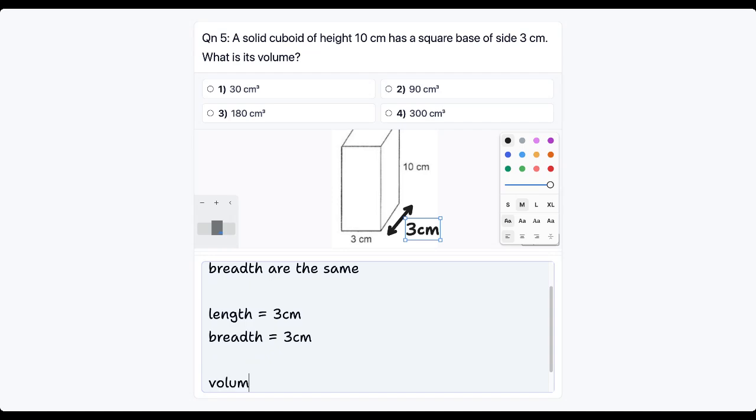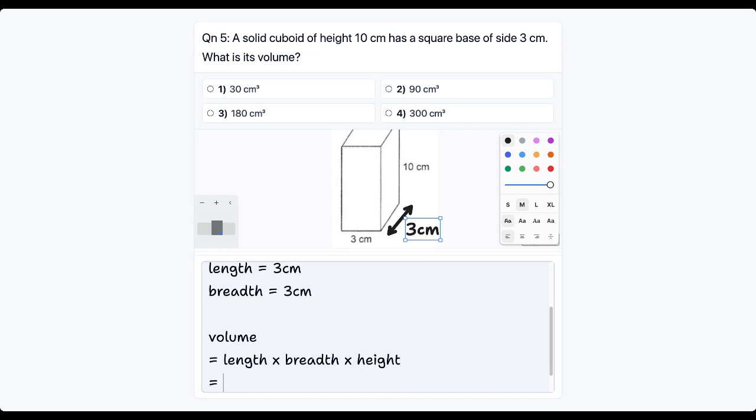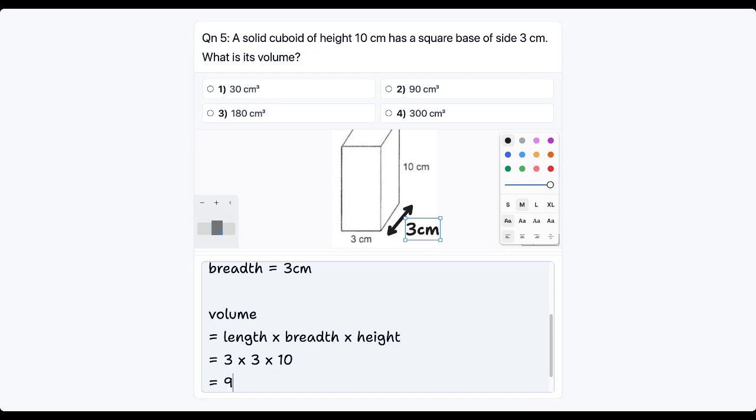So volume is equal to length times breadth times height, and this will be 3 times 3 times 10, which is equal to 90 centimeter cube. There you go. So the answer is option number 2. All right.